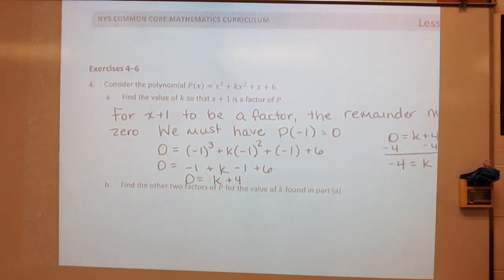So I've done exactly what they've asked us to do. I found the value of k. So B says find the other two factors of p for the value of k found in part A. Alright? So, now that I know what my k is, I can do my division.